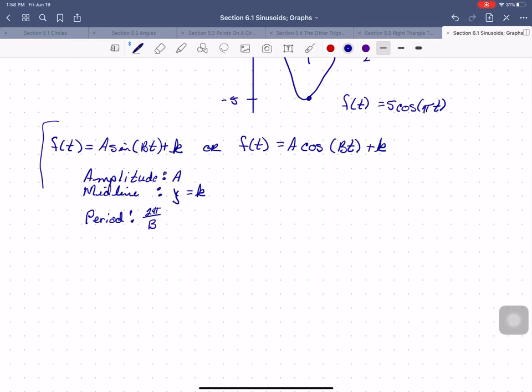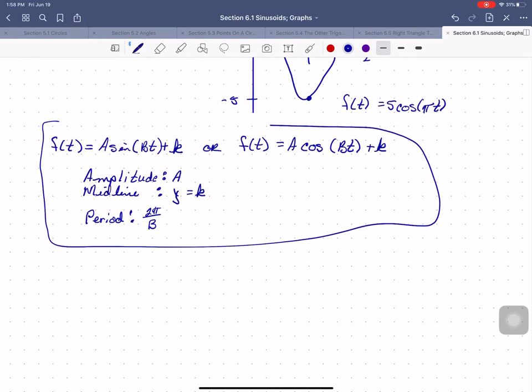This is your big takeaway from this conversation of the transformations of sine and cosine.